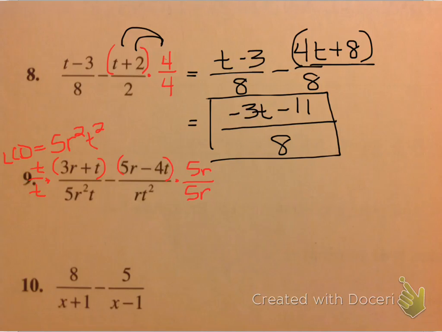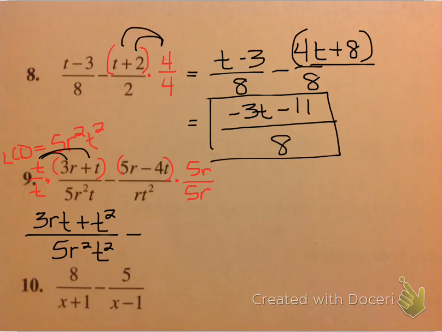So now let's do some simplifying. So for my first fraction, if I distribute my t throughout, I'm going to get 3rt plus t squared all over 5r squared t squared.